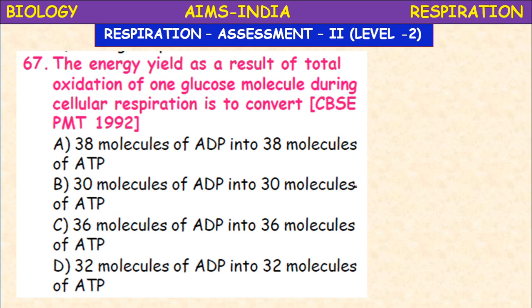Means you need to have an idea how many ATPs are produced by the oxidation of one glucose molecule. That is 38 molecules of ADP converted to 38 molecules of ATP by oxidative phosphorylation in the electron transport system.